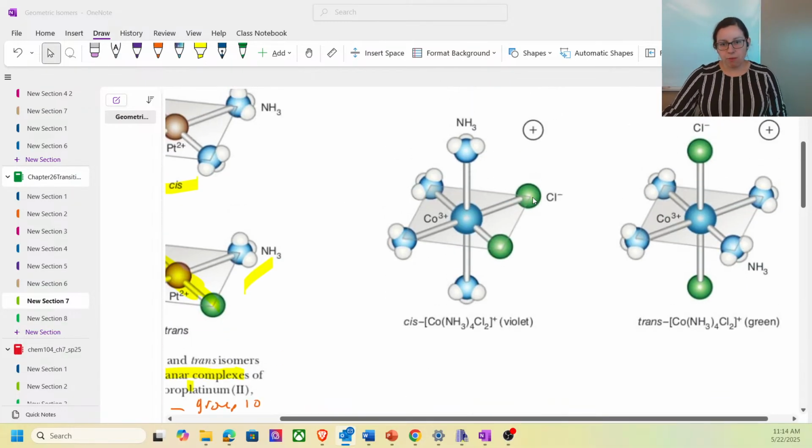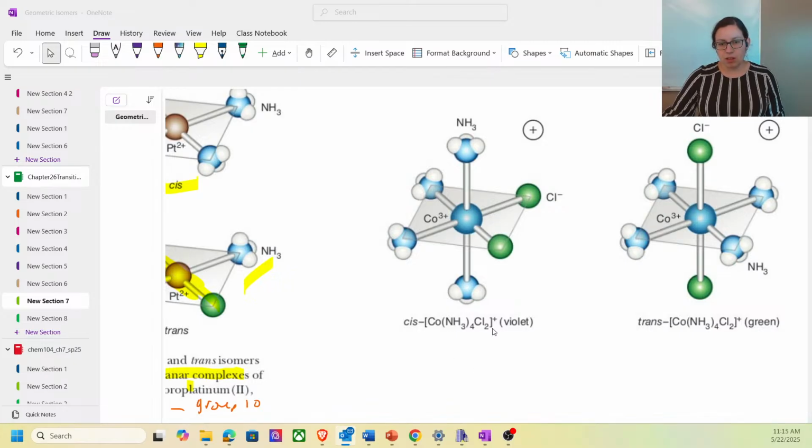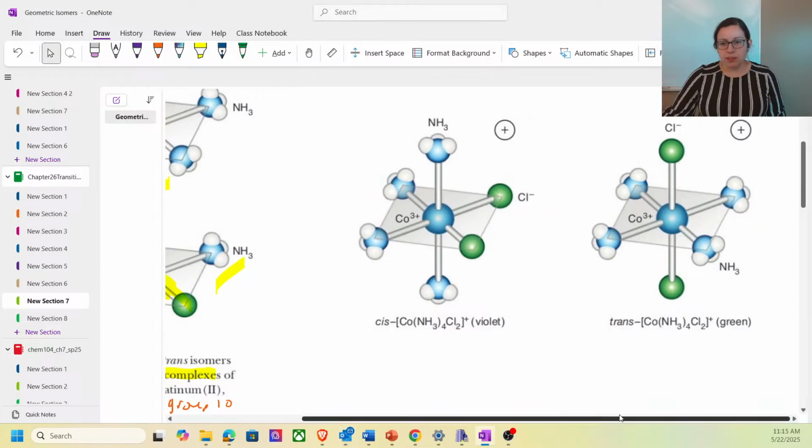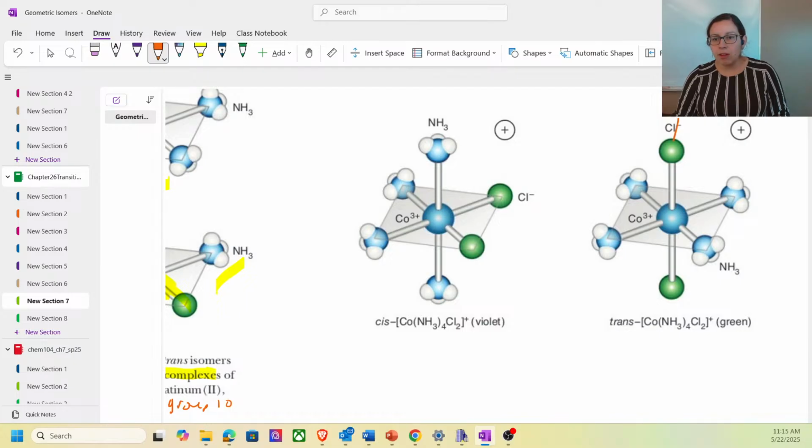If it's just two different substituents and it's MA2B4, again, we can have our cis isomers, and typically they're on that square planar axis, next to each other. Versus our trans isomer, where they're going to be along that z² axis, the principal rotation.